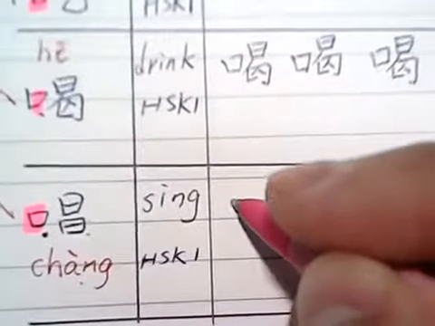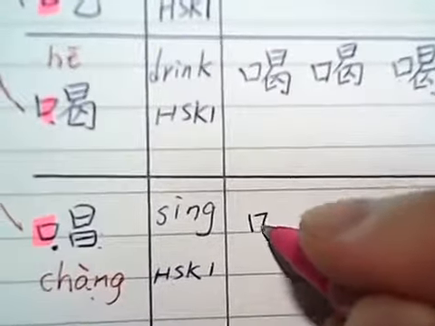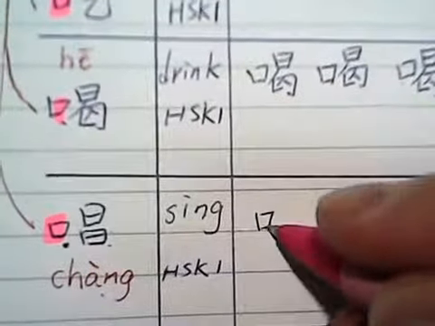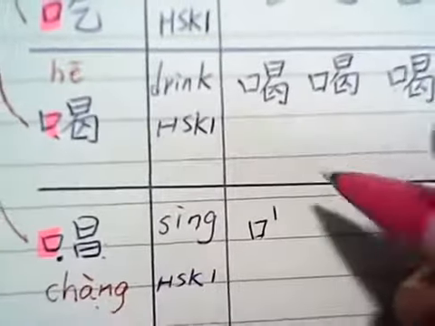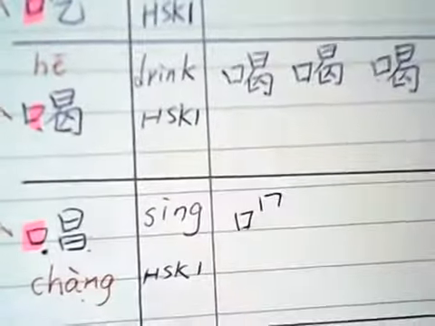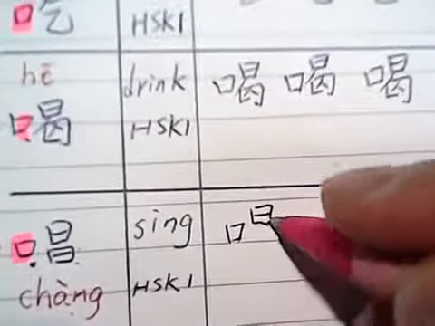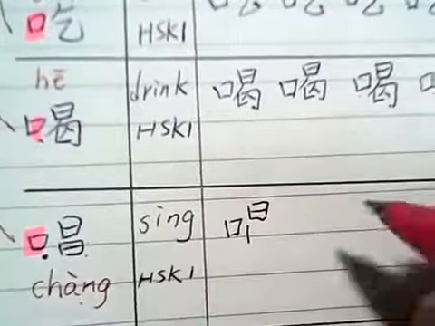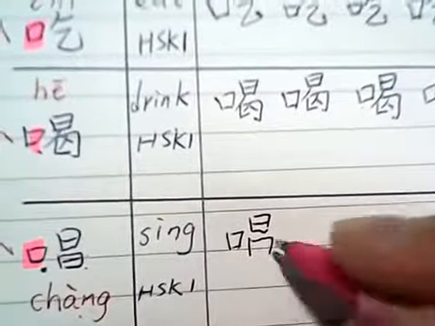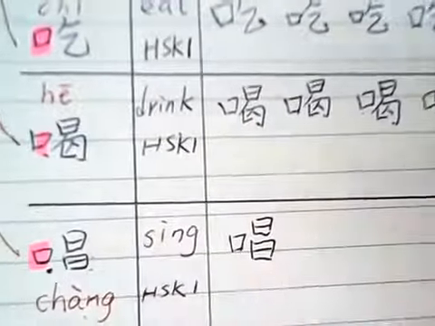Okay, then let's learn how to write this word. Okay, of course, we write the radical 口 first. Like this. Okay, this one is easier for you. Like this, and then like this, like this.